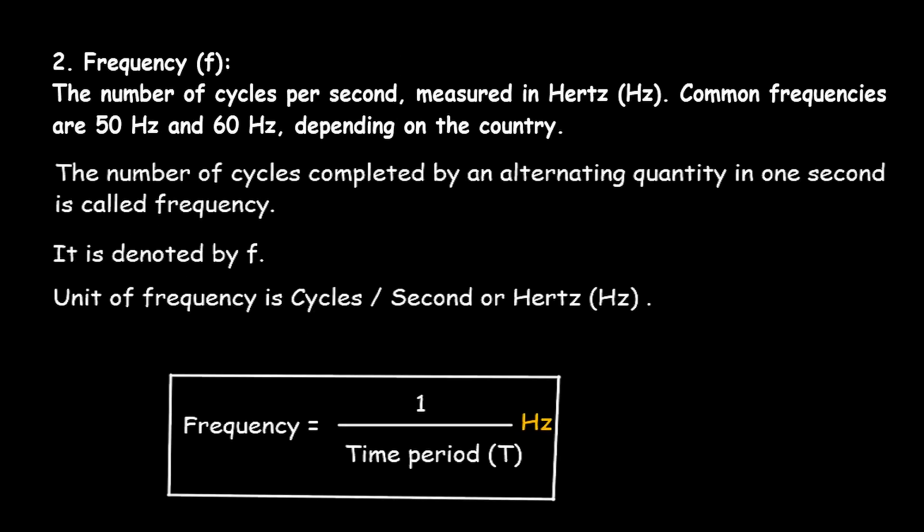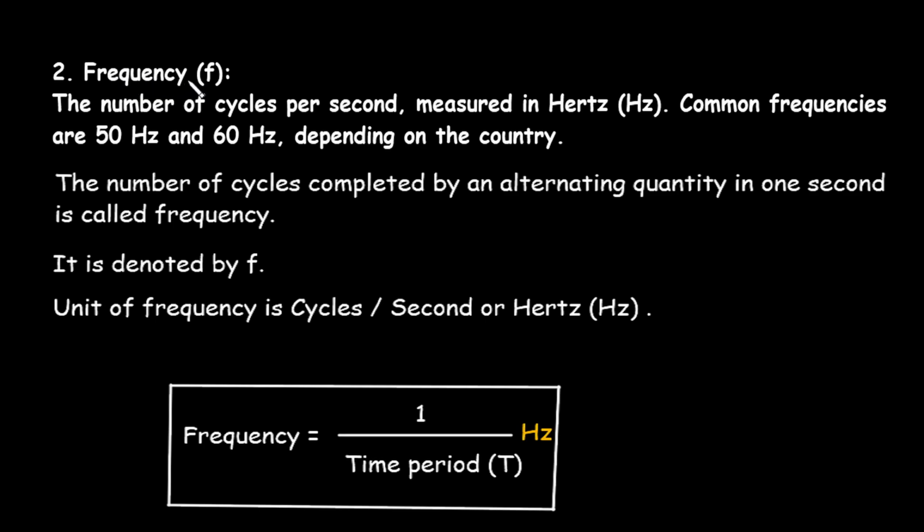Next is frequency. Now remember that frequency is represented by small f, the number of cycles per second measured in hertz. So first of all, what is frequency? Frequency is the number of cycles completed in 1 second. Now what is a cycle?